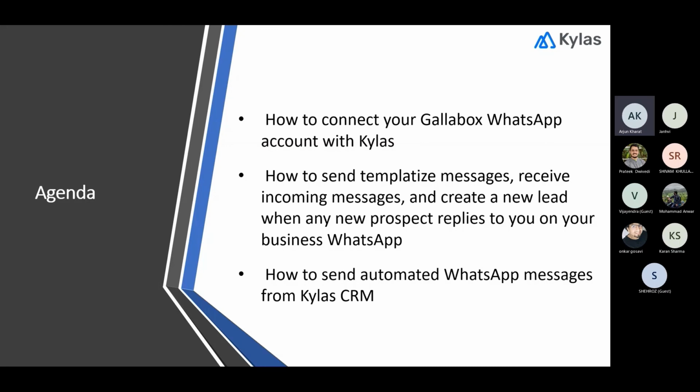Also, we have seen how a new lead gets created when a prospect replies to your message. And the last one, but not the least, is how to send automated WhatsApp messages from Kylas CRM. So here we can use different cases, such as when a lead is moved to a particular pipeline, or when a new activity is performed on a lead, we can send different templatized messages to these leads.